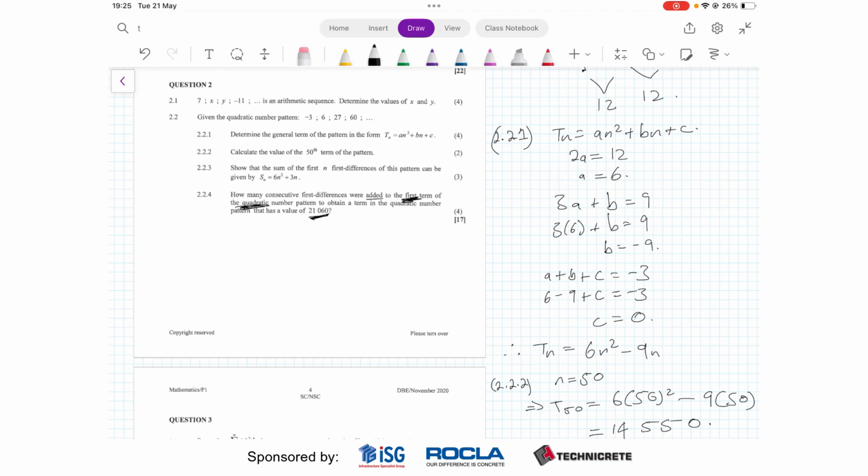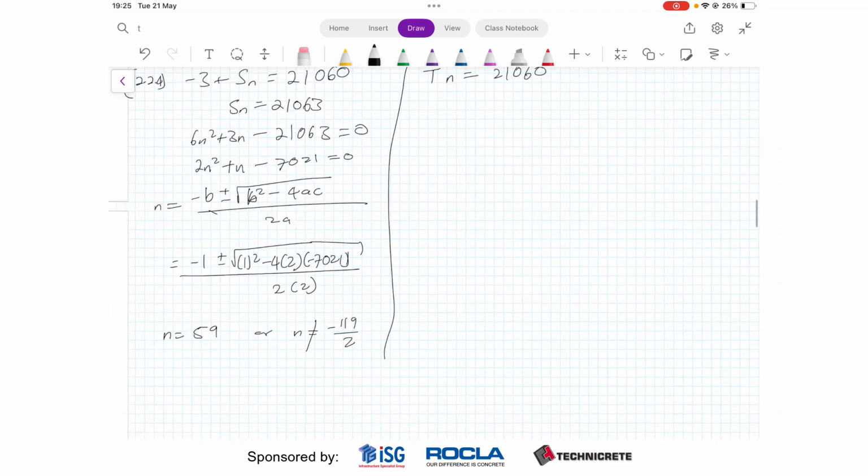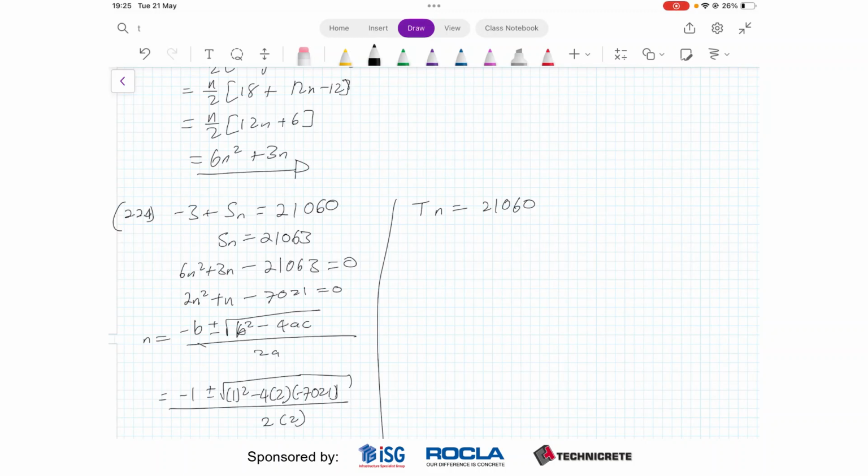So the first thing that we're doing is looking for the value of n for which Tn is equal to 21,060. And the second thing that we're looking for is how many consecutive first differences were added to the first term. So it's going to be whatever n is minus 1, okay? So let's work it out. We know our Tn is 6n squared minus 9n.